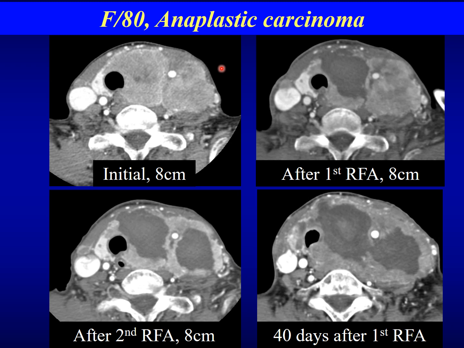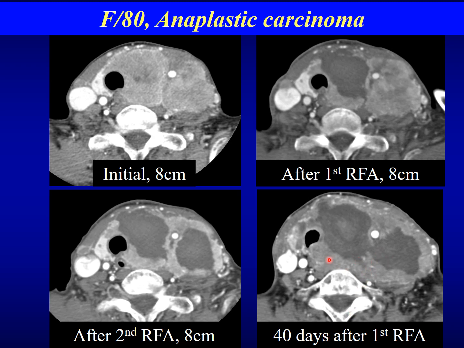How about anaplastic carcinoma? Here is a huge anaplastic carcinoma involving the internal carotid artery and common carotid artery. It was managed by 2 times of RF ablation, and this is 40 days after RF ablation.